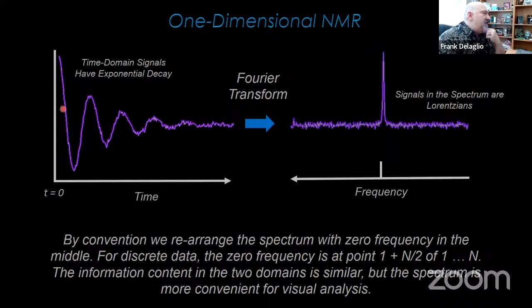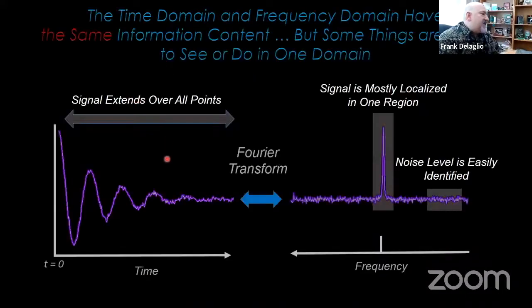And so in the time domain, we have exponentially decaying signals that extend throughout the data, and the Fourier transform tends to concentrate those signals into particular regions that we call peaks. The information content in both of these domains, in the time domain and the frequency domain, is more or less equivalent, and we can go backwards and forwards at will, with a forward transform or inverse Fourier transform.